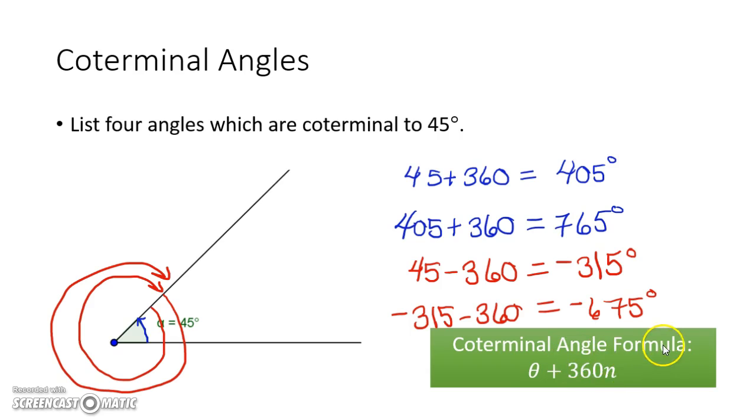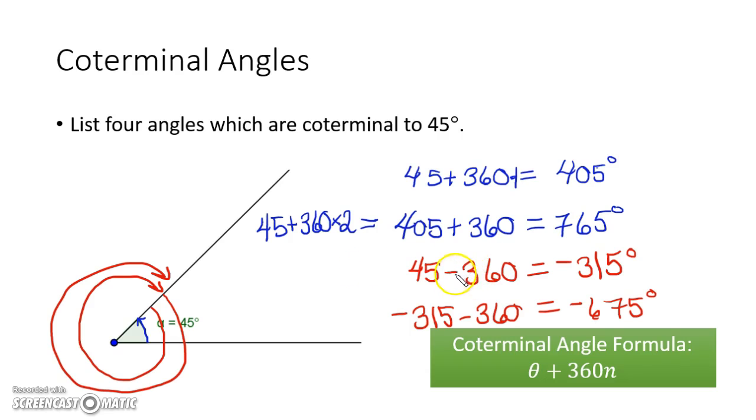This will give you a coterminal angle. In other words, for this first one, it was 45 plus 360 times 1, which gives us 405. This one is 45 plus 360 times 2, which gave us this value of 765.